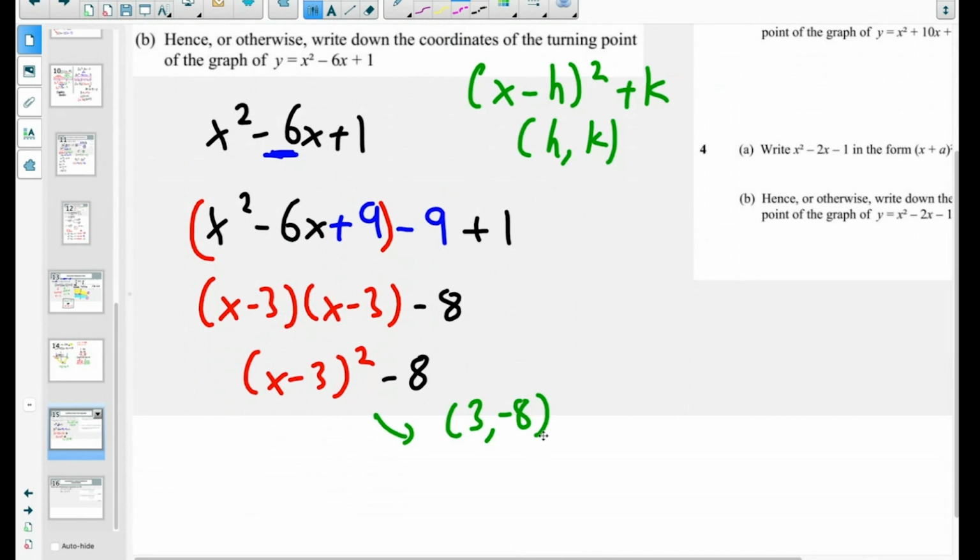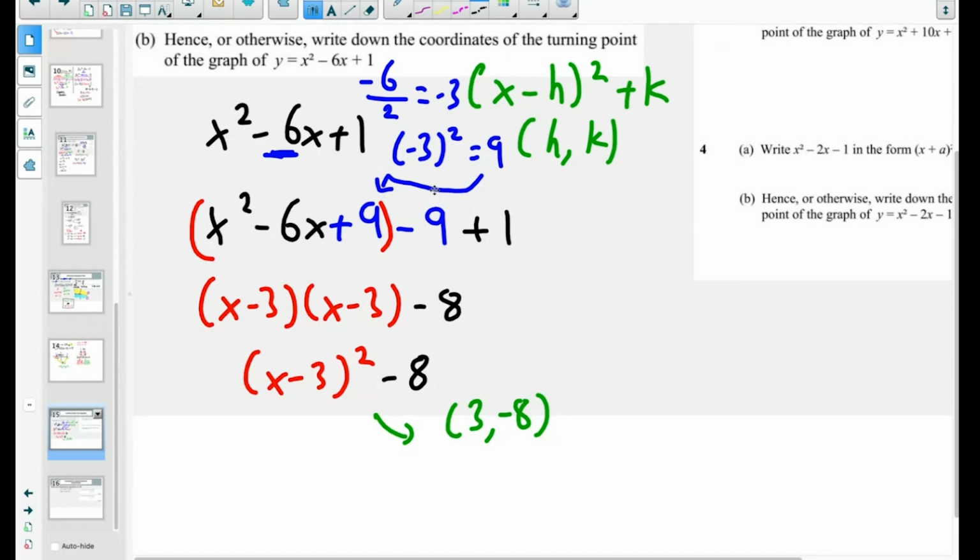Okay, so how did I choose the 9? So what's happening here is we are taking -6 and dividing it in half, which gives us -3. And then we take that -3 and we square it to give us the 9. And that's where that 9 comes from. So I know that seems really, really arbitrary for me to just go through it.